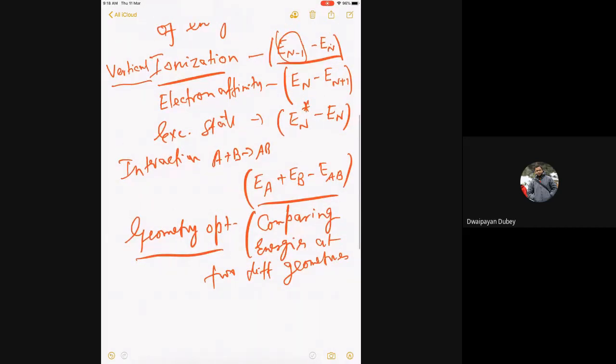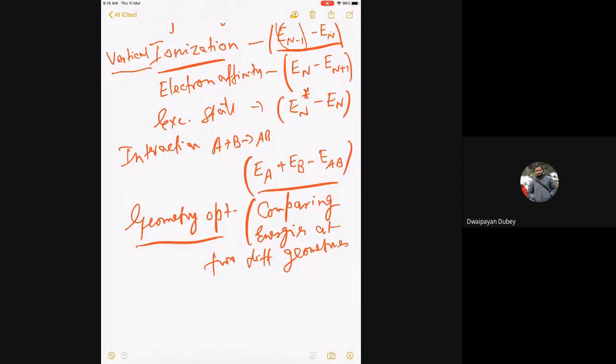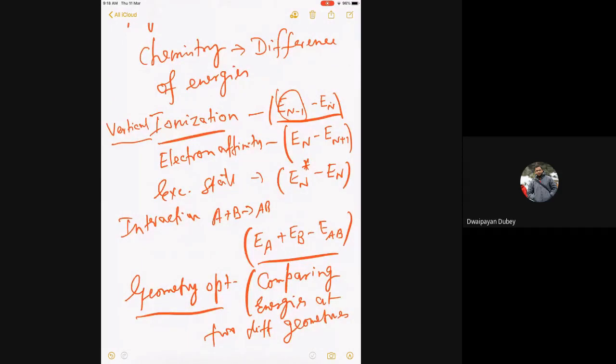Now, if you look at some of these common problems, like interaction energy or binding energy, for example fluorine plus fluorine going to F2, it is again the difference, just like the interaction energy. If you look at a hydrogen bond, it's also a difference energy.